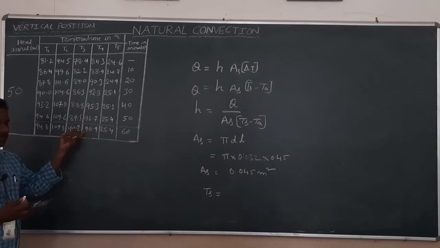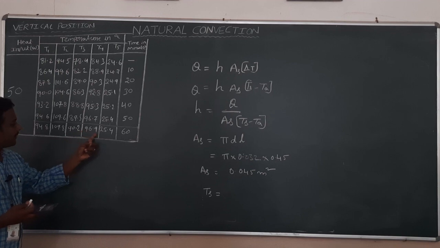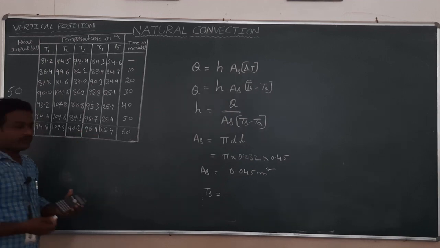Now calculate the surface temperature value, and consider the 4 temperature readings, because 4 thermocouples are mounted on the tube surface. So consider the average temperature as the surface temperature of the tube.